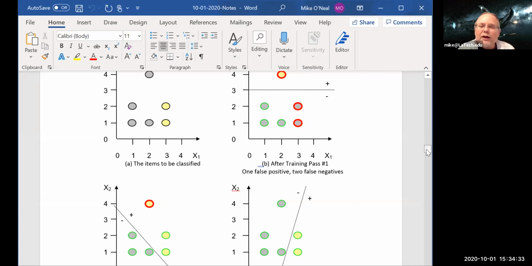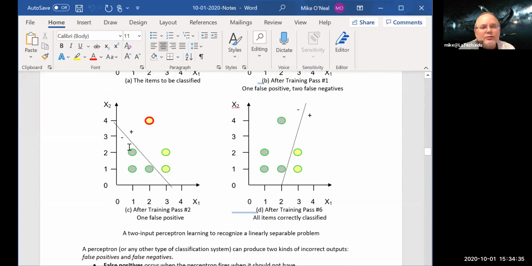Well, after 1 iteration, it now says, oh, these 3 things that I got right before, I'm still getting them right. These 2 things that were originally false negatives are now correctly classified as true positives. There's little greens around them. That means they're true. These are true negatives. These are true positives. It looks like it's really close.